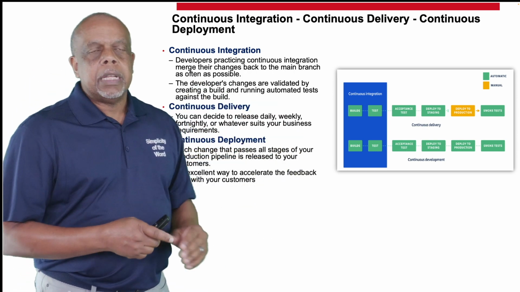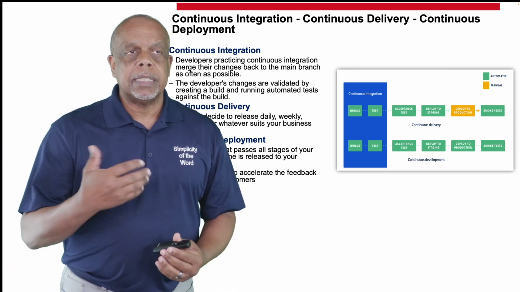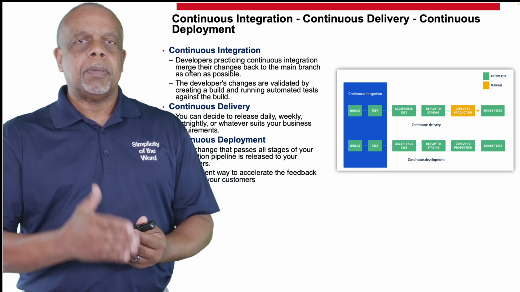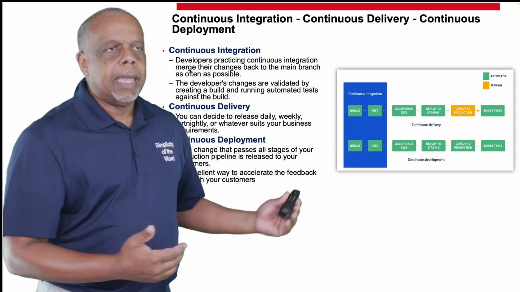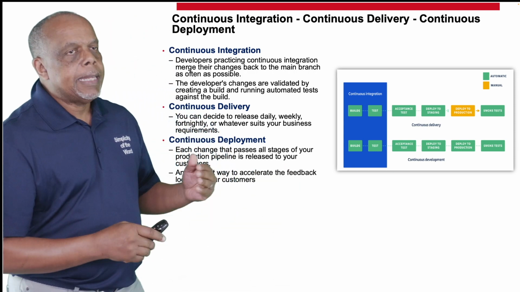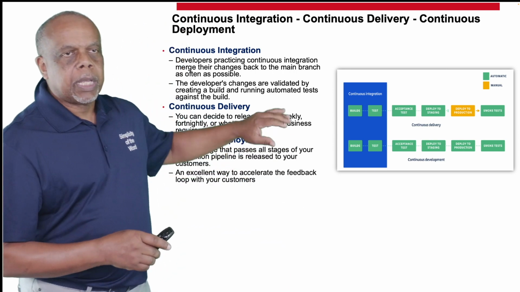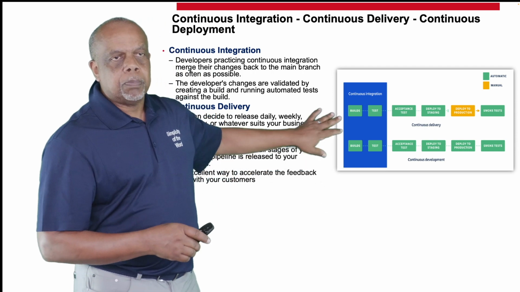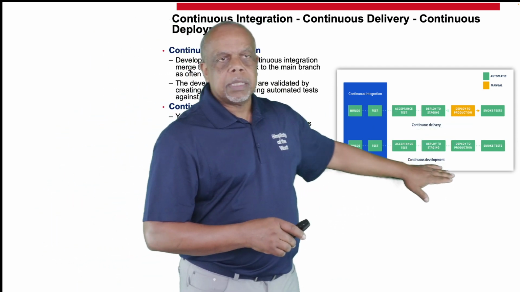With continuous delivery, in some organizations you could be releasing daily, weekly, or monthly, whatever the business need is, delivering capability updates to the user. And continuous deployment means that you're getting feedback and returning those changes in as quickly as possible, through the build, test, and deliver phases.